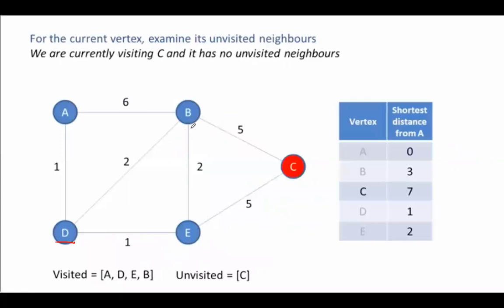We can also keep track that to reach B, we have to go through D. That also we can store in the table. Here one more column you can put. For B, distance is 3 via D. You can also store that information. To reach E, distance is 2, but you reach it via D.